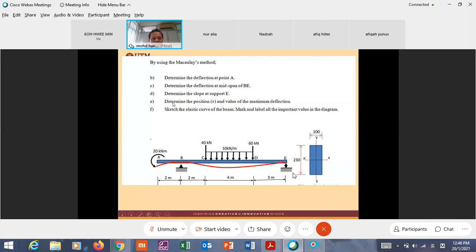You have to understand that the question for E is not the maximum deflection at the overhang. If we ask you the maximum deflection at AB, for sure it is at A, but between B and E, we do not know.